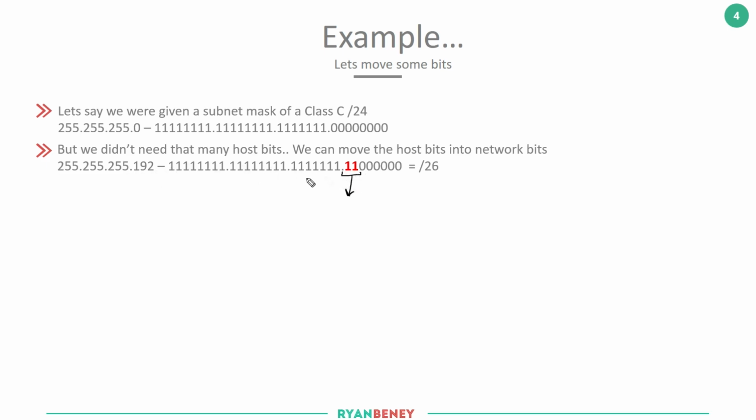If we were to convert this into decimal, we would again have 255, 255, 255, but in the last octet we have 192. And the reason we have 192 is because if we took these 8 bits and put them into decimal, in order to do that, we'll need to bring up the decimal to binary format table that we discussed in the last video.